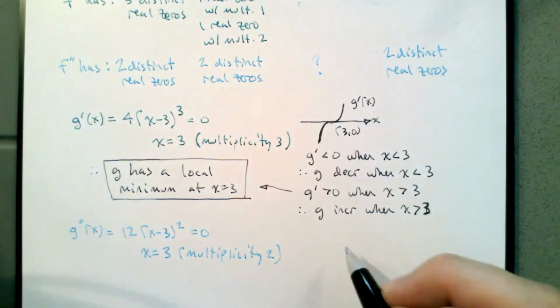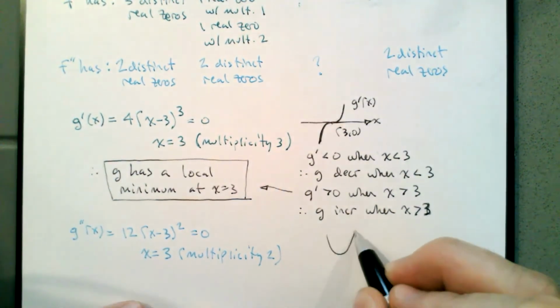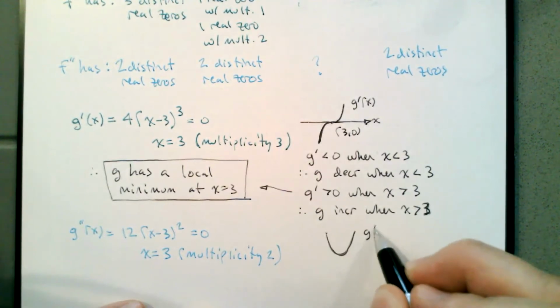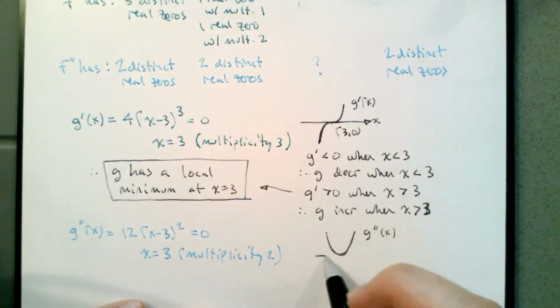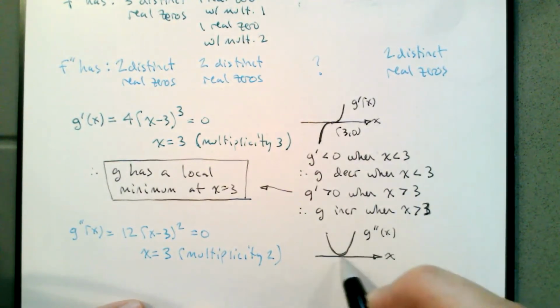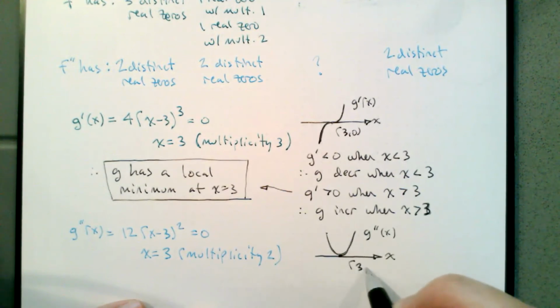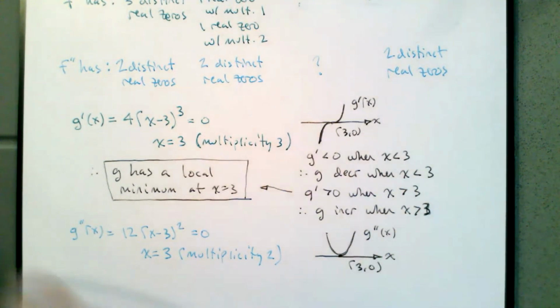So the graph of g double prime, which is quadratic, has a vertex on the x-axis, or the vertex is an x-intercept. So g double prime is positive whenever x is not 3.